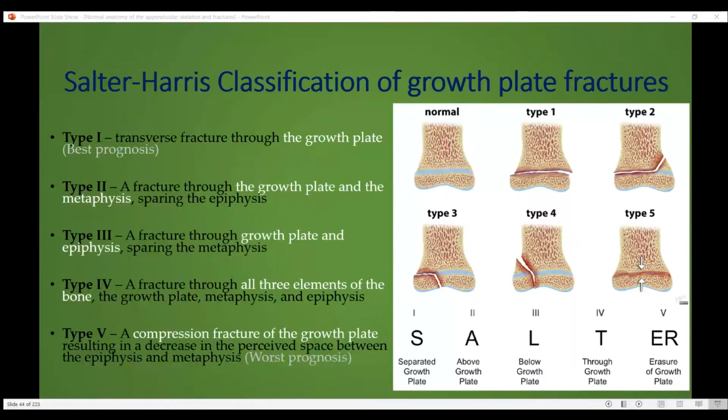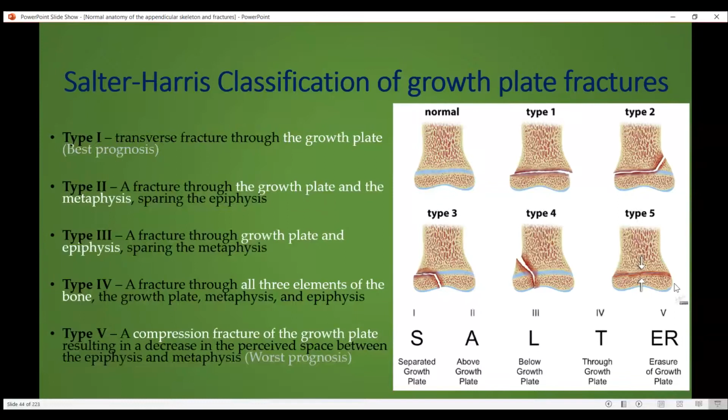So dwarfs have nothing to do with this Salter-Harris classification. Okay, right. So remember: only growth plate involved is type 1, metaphysis and growth plate involved is type 2, epiphysis and growth plate involved is type 3, metaphysis, growth plate, and epiphysis involved is type 4, compression of the growth plate is type 5.